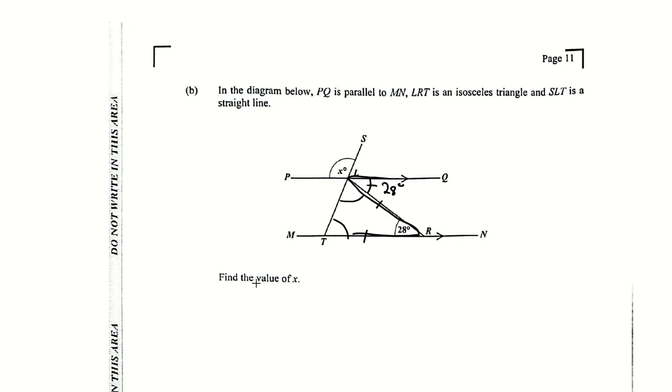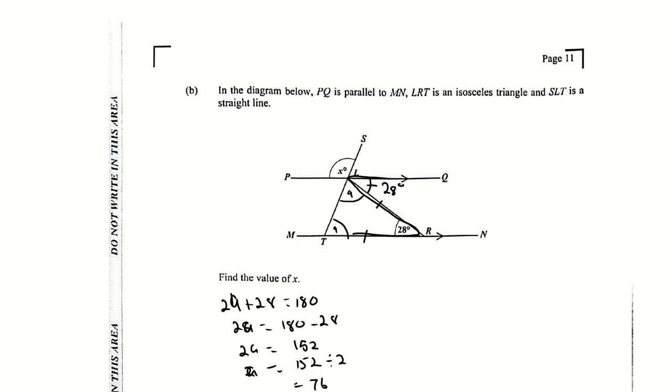Let's call these two angles A, so 2A plus 28 is going to give you 180, so 2A is going to be 180 minus 28, which is 152. So A is 152 divided by 2, which is 76, I believe. Yeah. So this angle here is 76.